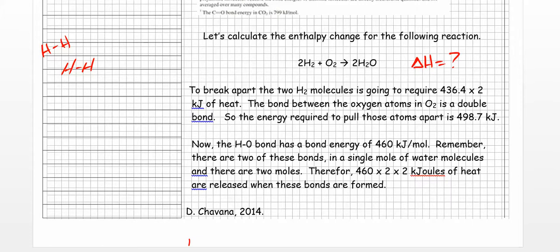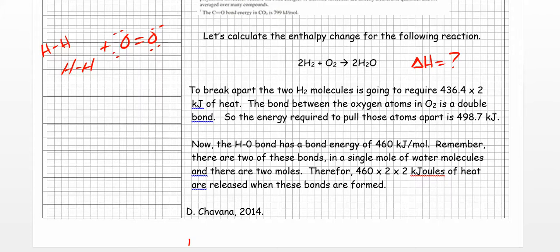Likewise, we're going to have oxygen, and that oxygen is bonded to another oxygen, just like that. That's the oxygen gas that you see right there on the reactant side. And we're going to require a certain amount of energy to break that oxygen-oxygen double bond.